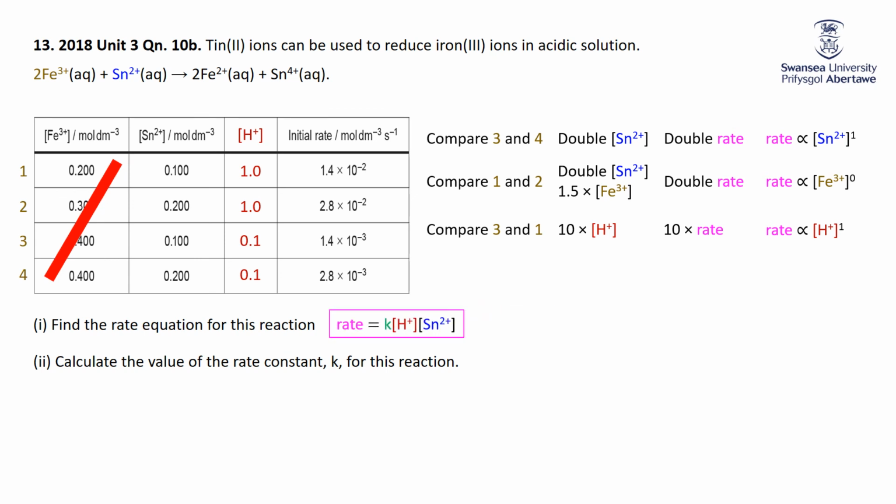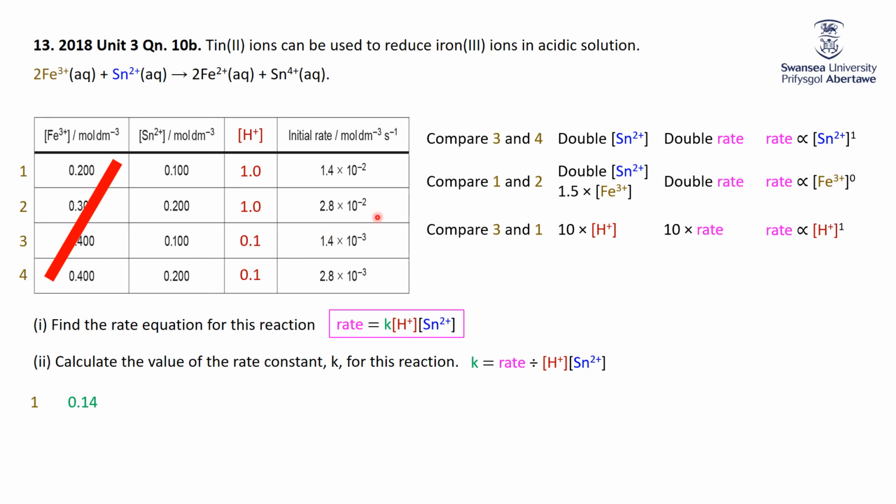Thus the rate law: k times the H+ times the Sn2+, nothing to do with the Fe3+. Value of k, as usual, we've done this a whole bunch now. k is rate divided by the H+ times the Sn2+. Various values: equation 1, 1.4 times 10 to the minus 2 divided by 1 divided by 0.2 is equal to 0.14.